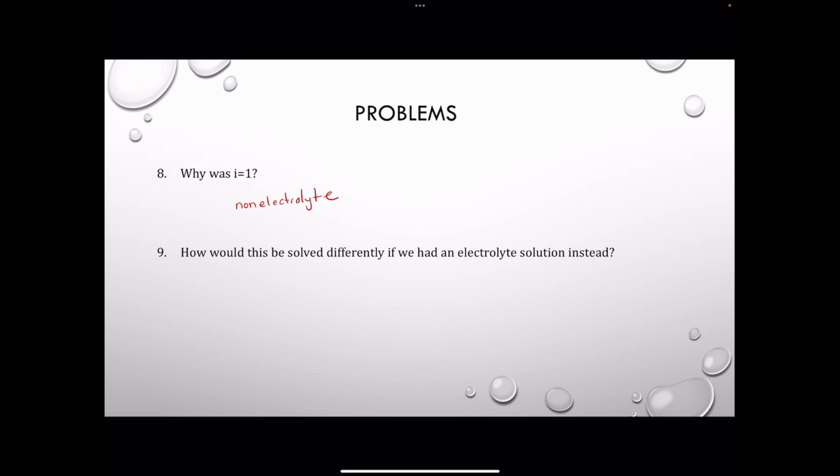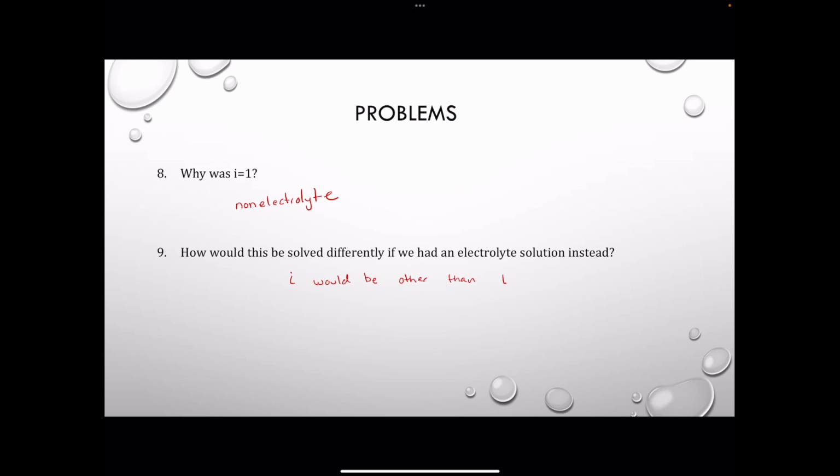But the difference is going to be the i value. i would be something other than 1. And since that'll be the case, we would multiply by some different value. So it might be an i value of 2 or 3, depending on that particular ionic compound or that particular electrolyte.